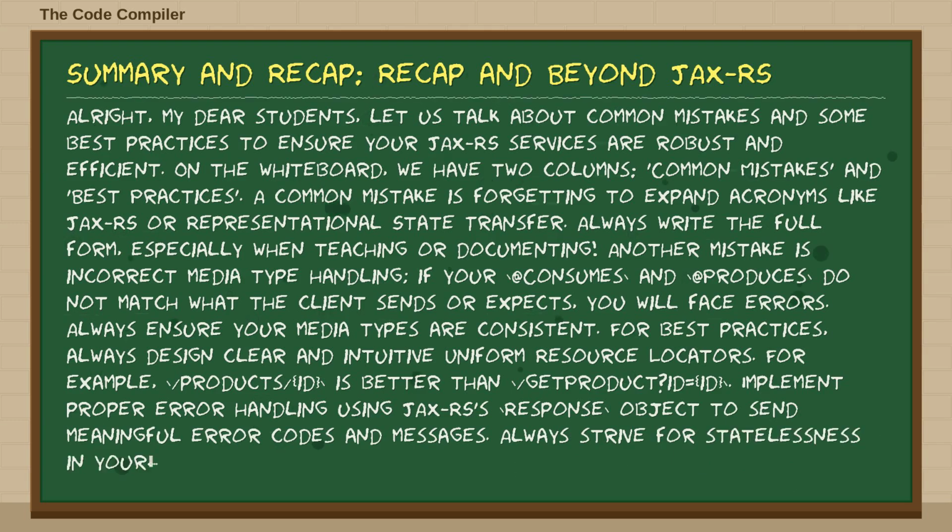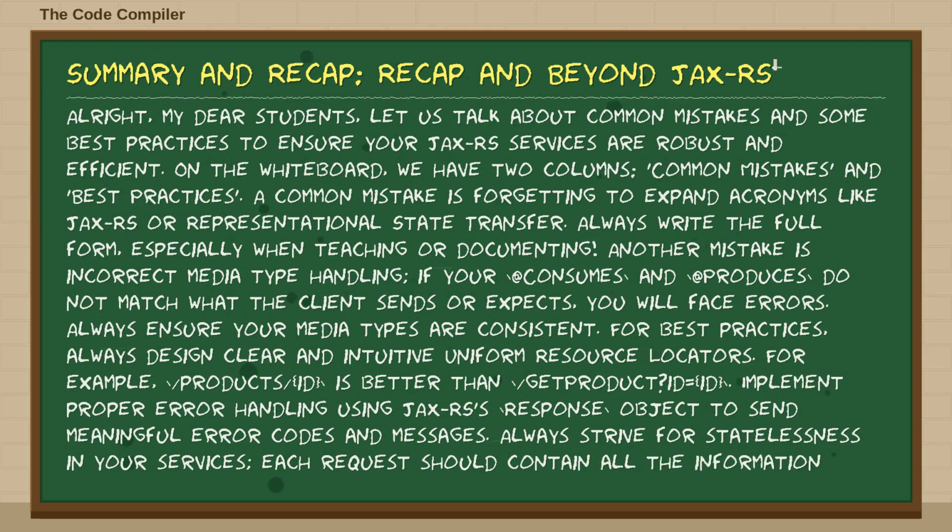Always strive for statelessness in your services. Each request should contain all the information needed to process it, making your service scalable. And finally, remember security. Always validate input and consider authentication and authorization for production-grade services. Following these guidelines will save you a lot of headache.